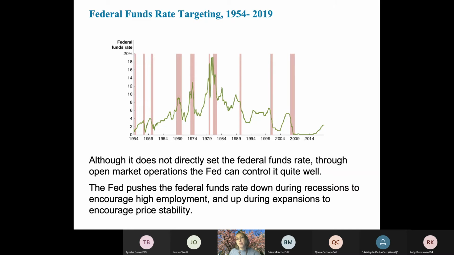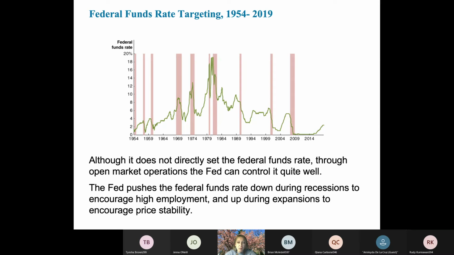Here is a picture that shows the actual federal funds rate that the Fed sets, and it controls it well. Say during the financial crisis, the target was pretty much 0 or 0.25.